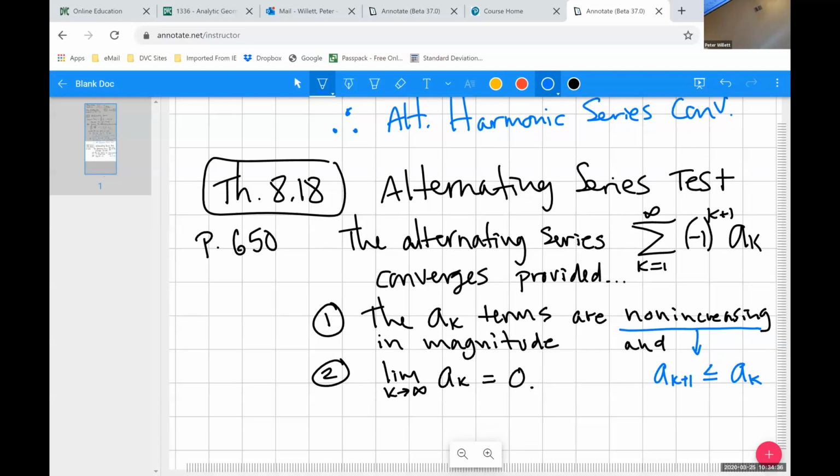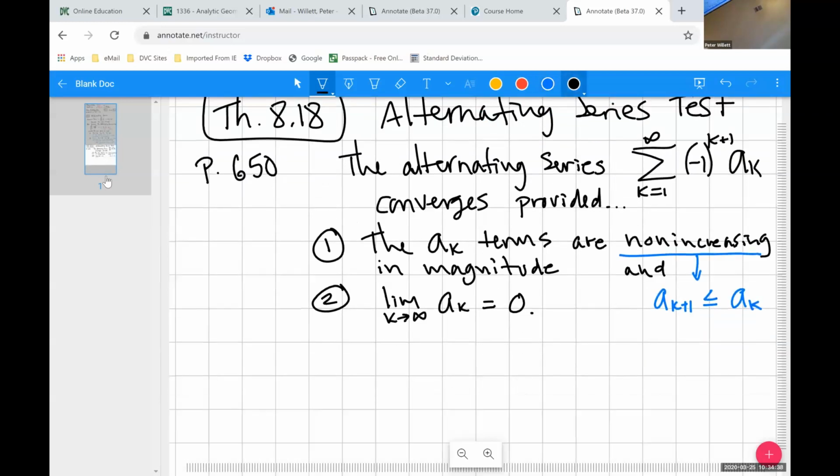And so I'm just going to add to this real quick, and then we'll apply this test a couple of times to get used to it. But I'm also going to point out that the conclusion that we drew in our first example, they formally do for theorem 8.19.